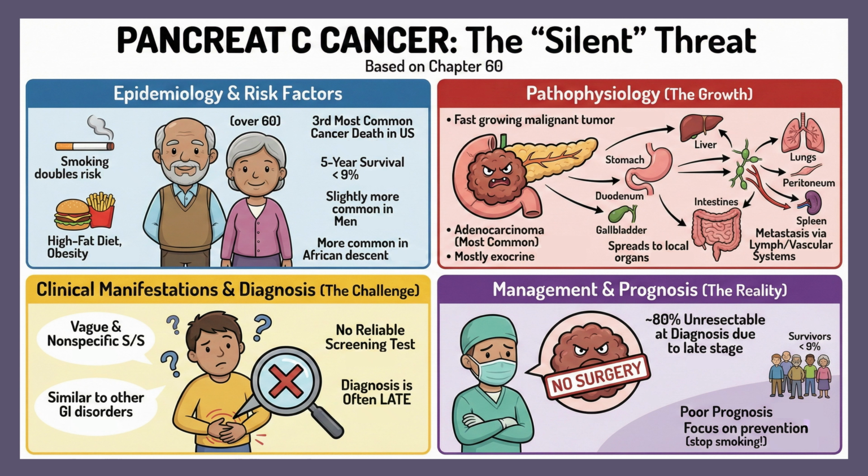Other signs include pale, greasy stools due to blocked digestive enzyme release, pruritus from bile salt accumulation, and dark amber urine due to bilirubin accumulation. In advanced stages, abdominal distension and ascites may be present.